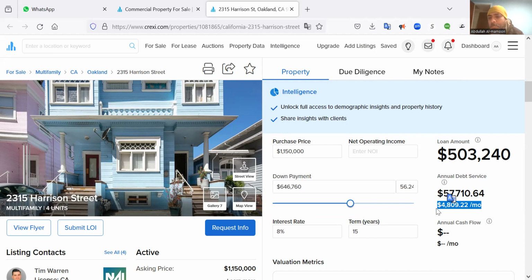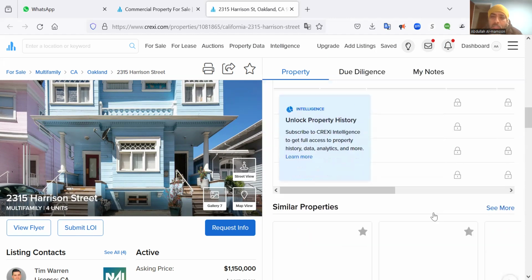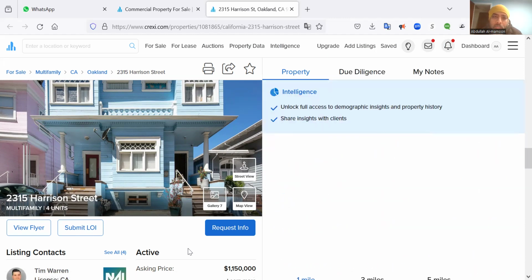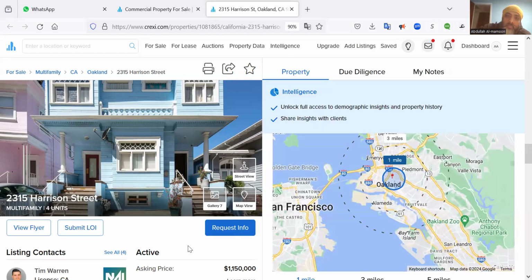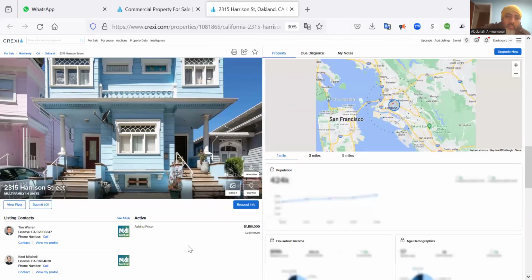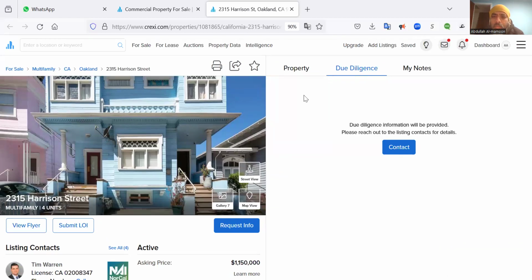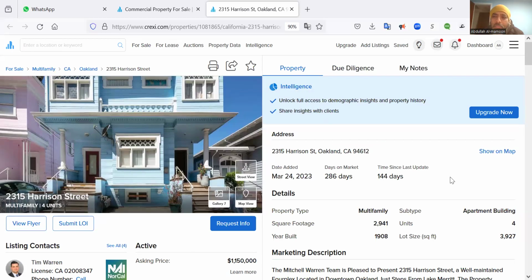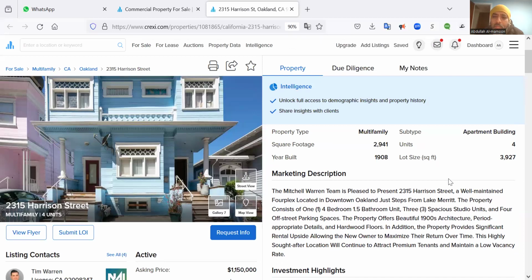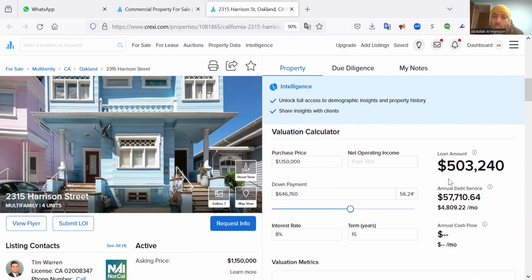That gives you about $6,000 in rents coming in. Your expenses don't show here, but at 4,000, I can already guess you're going to have a lot of expenses.